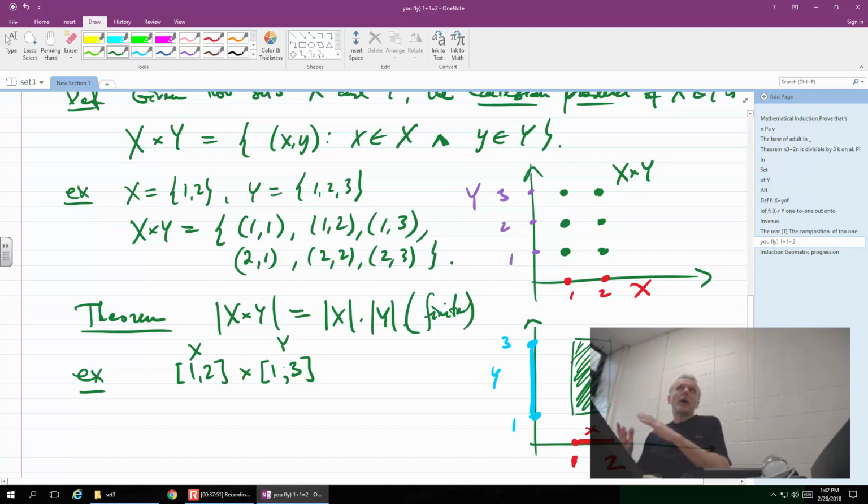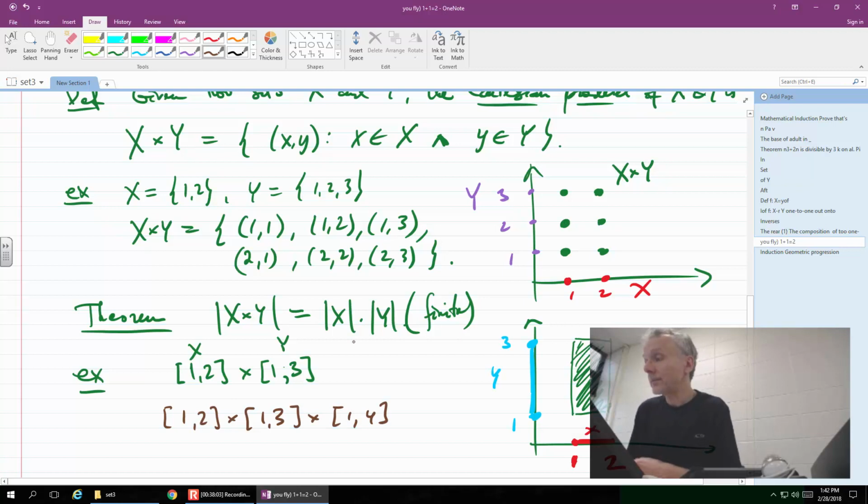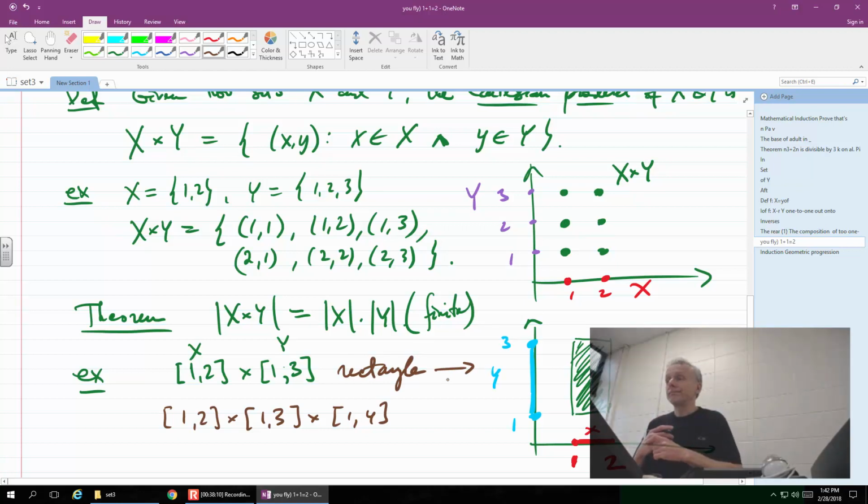Okay, think about, well, so what if I have 3? 1, 2, 1, 3, 1, 4. What is this? So this is a rectangle as we have just established. What if I have 3? It is a box, yes, a box.